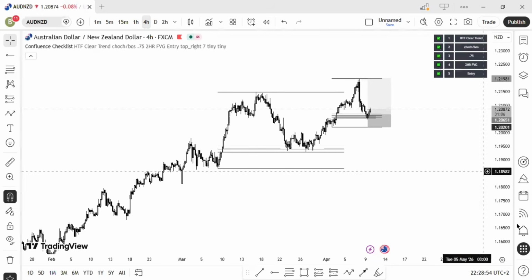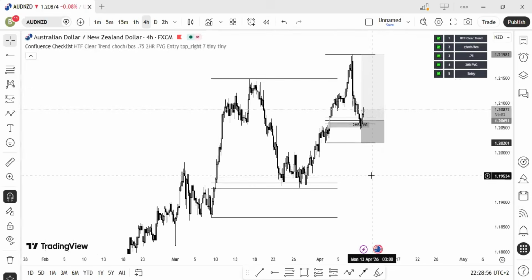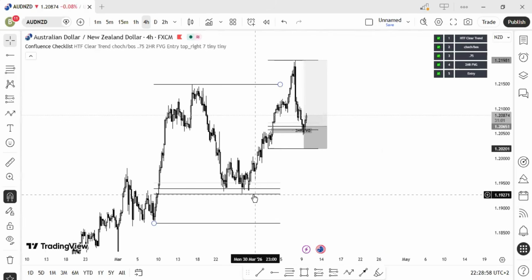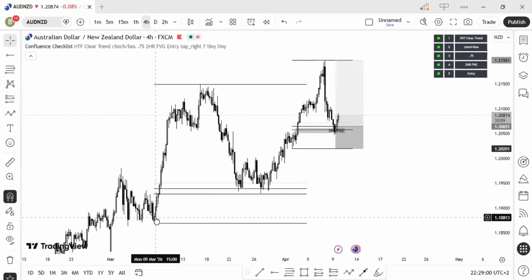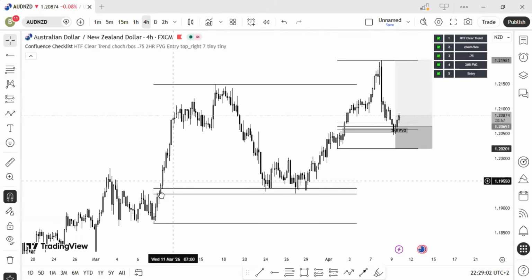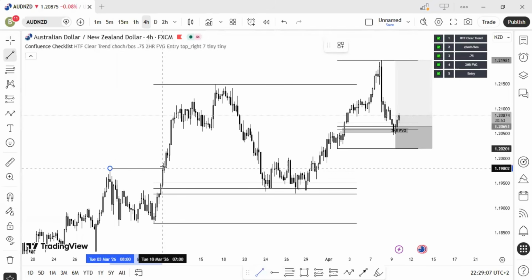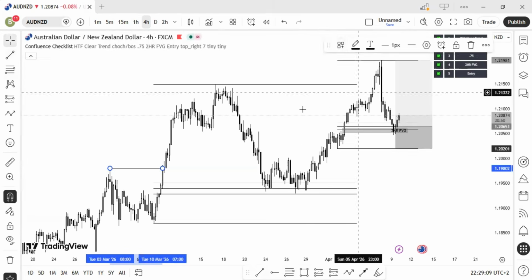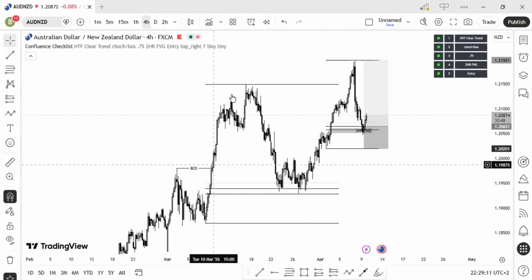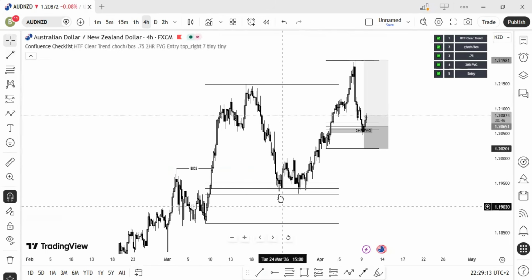Going on to the next one, I took this one today. From this previous trade here, we have a break of structure to the upside. So that's a clear sign that we're going to be bullish. And then after creating that, we did have a pullback.